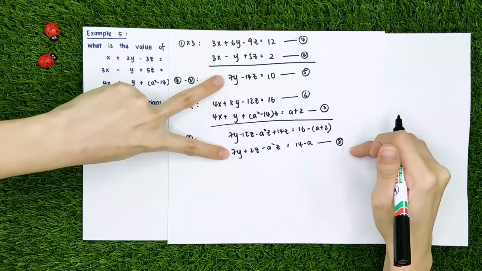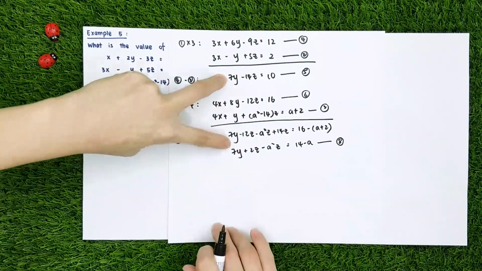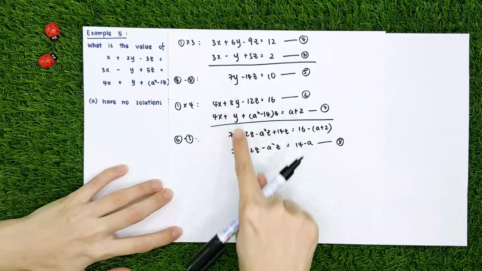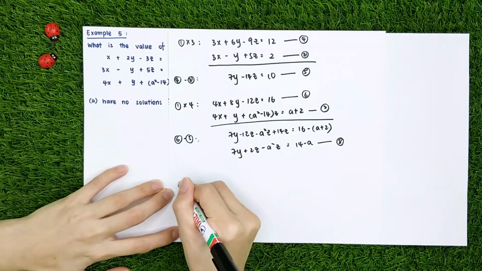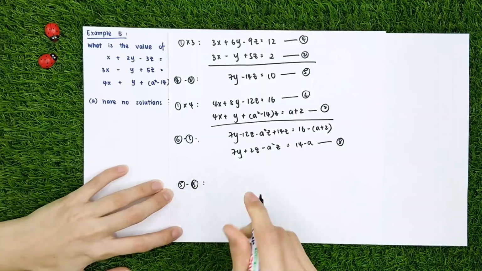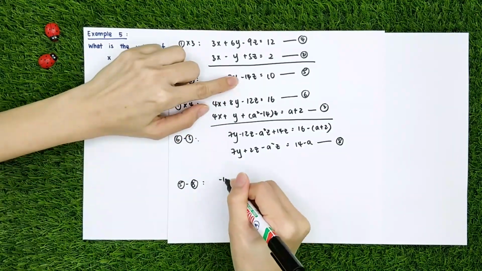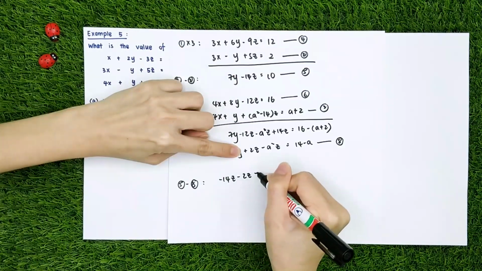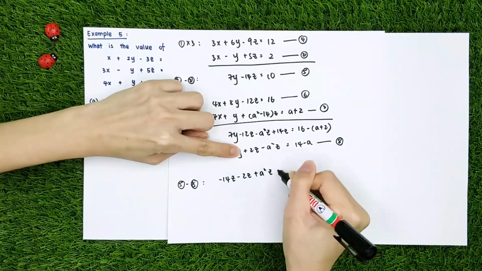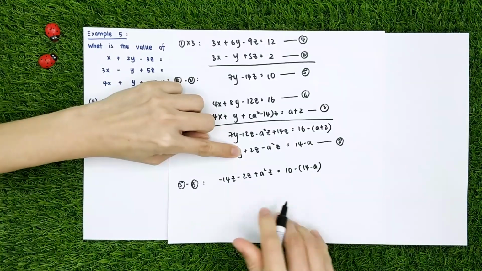Now I will minus these two equations so I can eliminate the variable y. Okay? So 7y minus 7y, I will get 0. My equation 5 minus equation 8, 7y minus 7y, I will get 0. So minus 14z minus 2z plus a squared z equals to 10 minus 14 minus a.